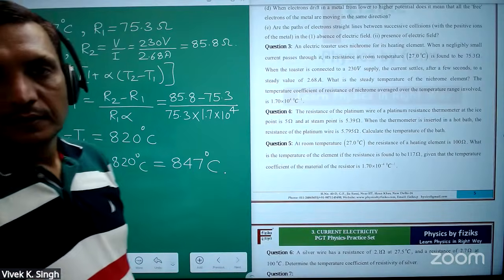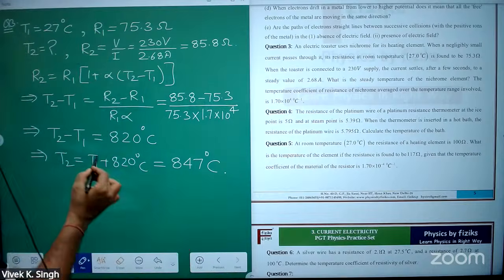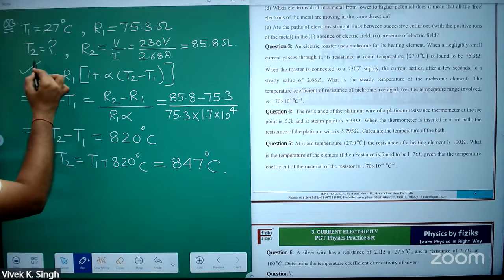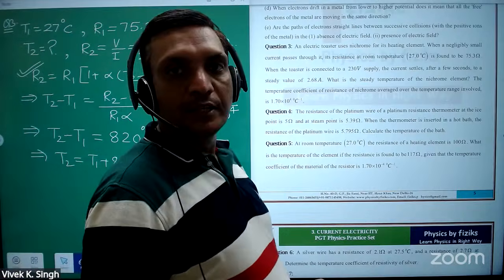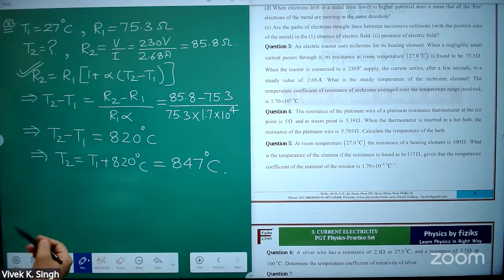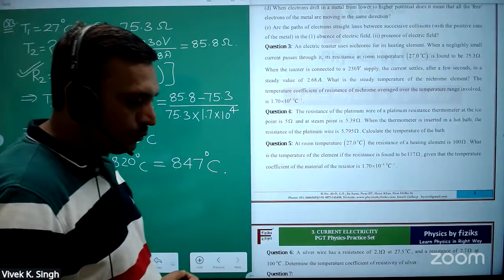Clear? So this is one example based on resistance dependence on temperature. There is a linear dependence. Clear? Now solve question number 5.